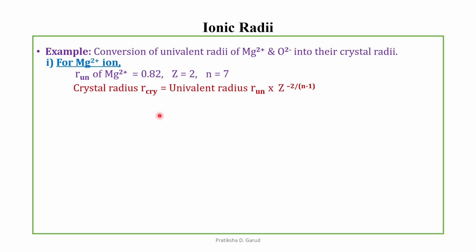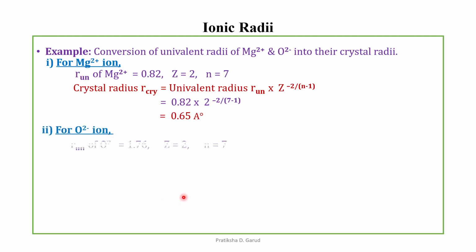So crystal radius is equal to univalent radius into Z raised to minus 2 upon N minus 1. Putting these values in the formula, we get 0.82 into 2 raised to minus 2 upon 7 minus 1, and this value comes out to be 0.65 Angstrom. This is for Mg2 plus.